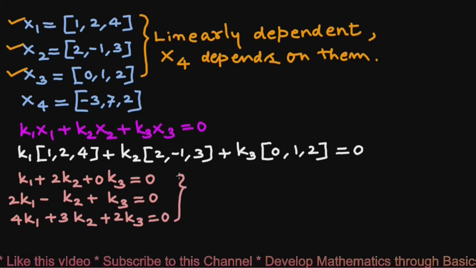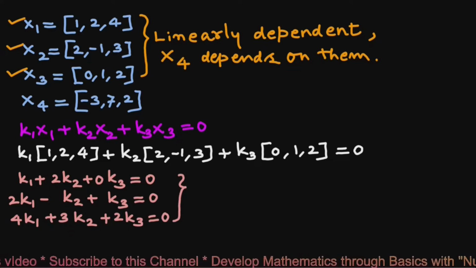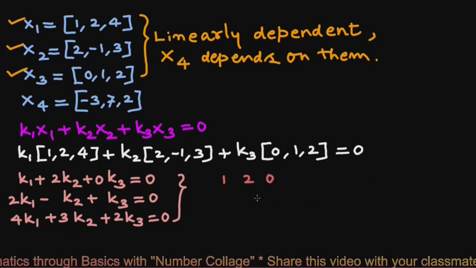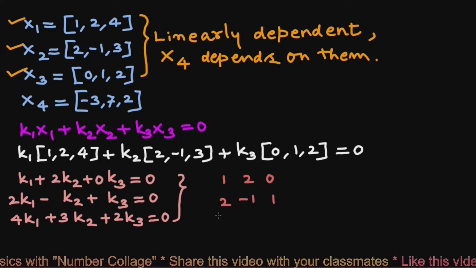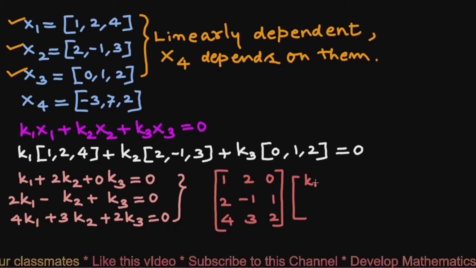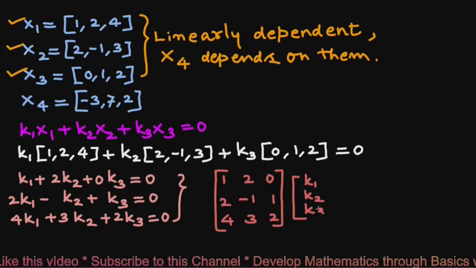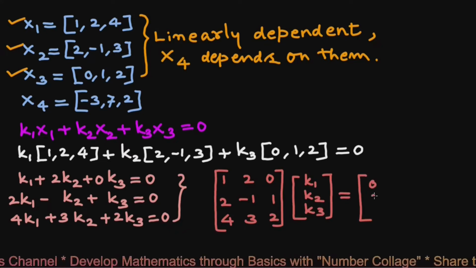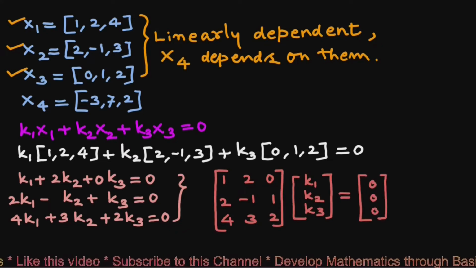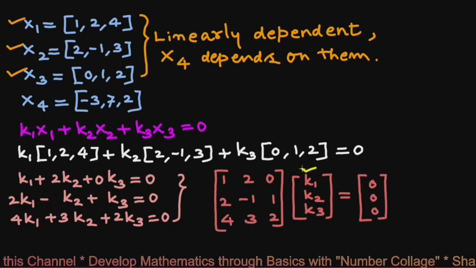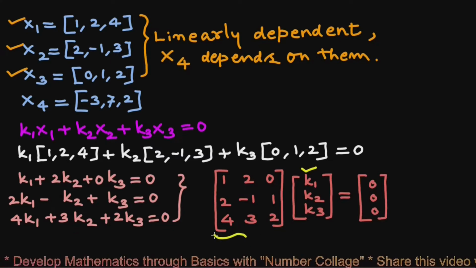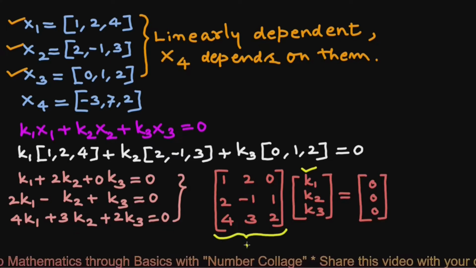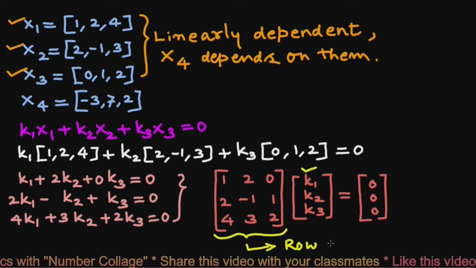This we will write in the matrix form as [1, 2, 0; 2, -1, 1; 4, 3, 2] into (k1, k2, k3) equals (0, 0, 0). In order to find the values of k1, k2 and k3, we will reduce this coefficient matrix into a row echelon form.